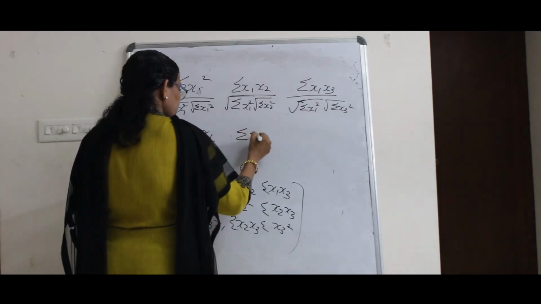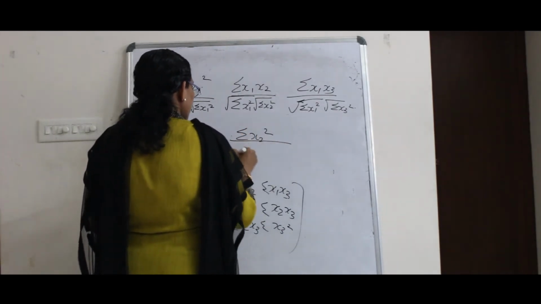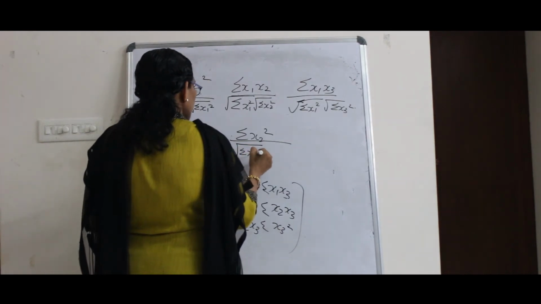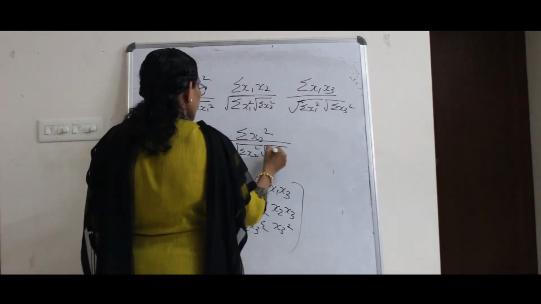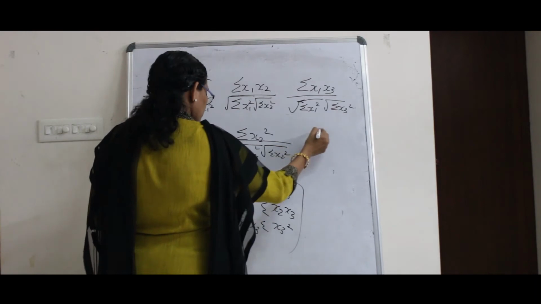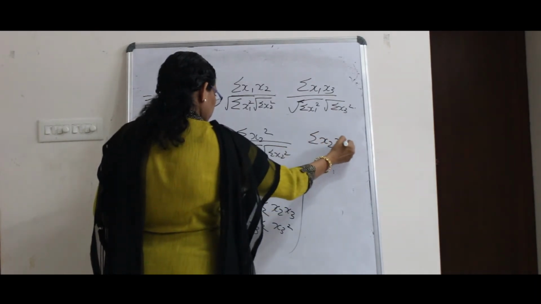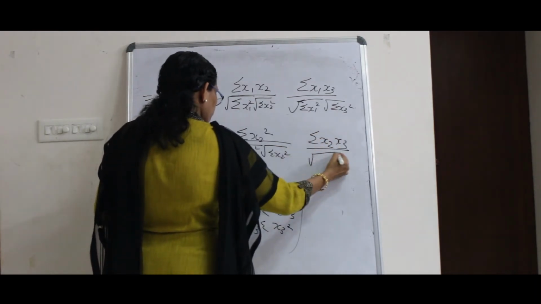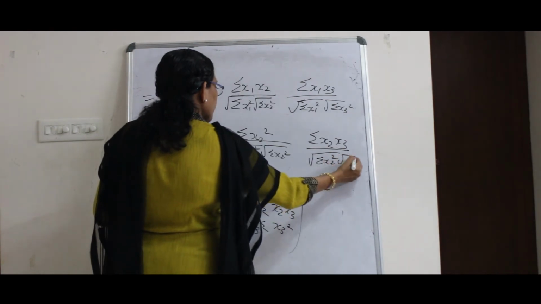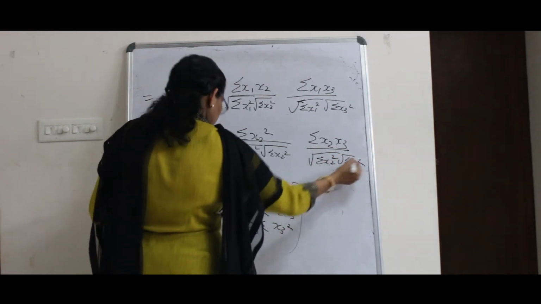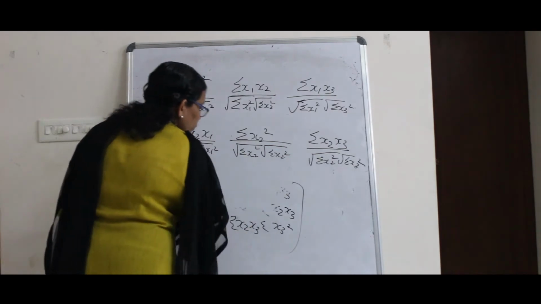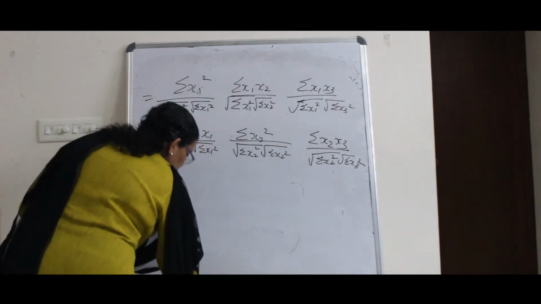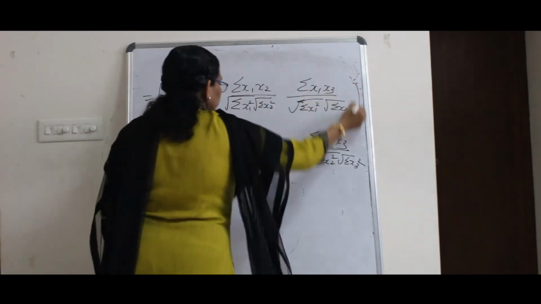This will be sigma x2 square divided by square root of sigma x2 square into sigma x2 square. This will be sigma x2 x3 divided by square root of sigma x2 squared into square root of sigma x3 square. So this is how you standardize the whole matrix.